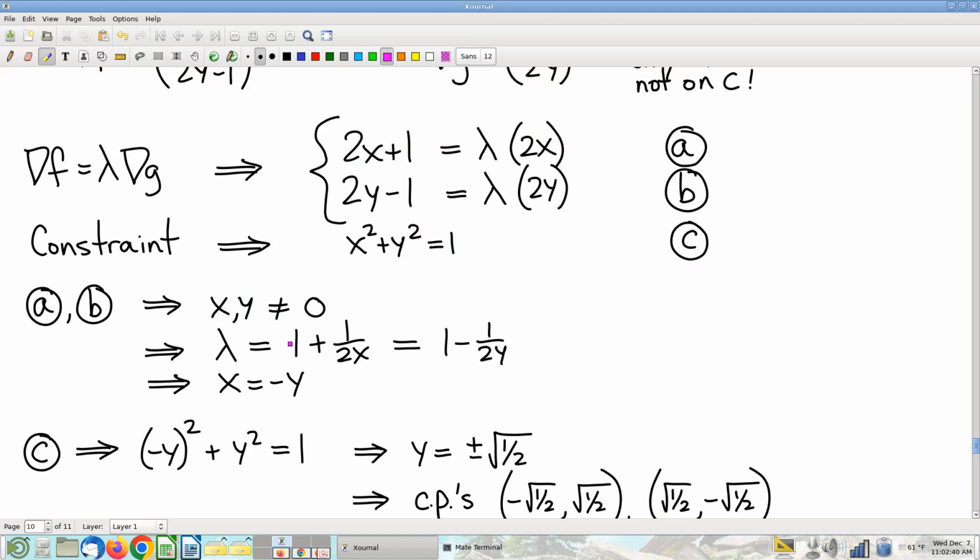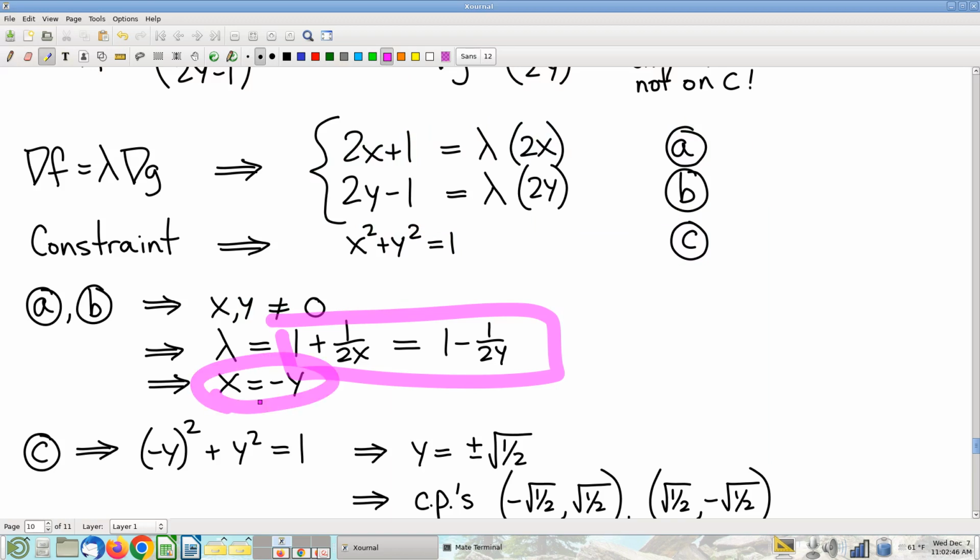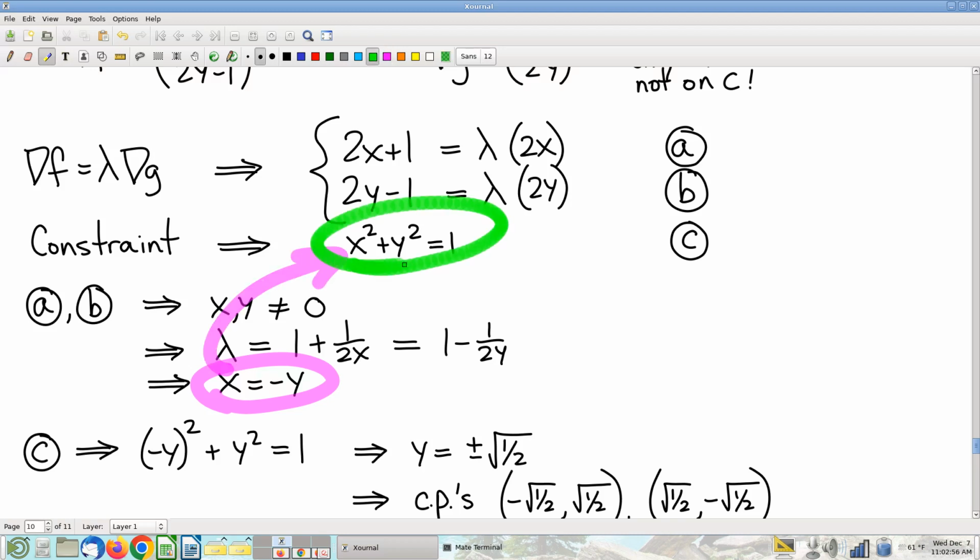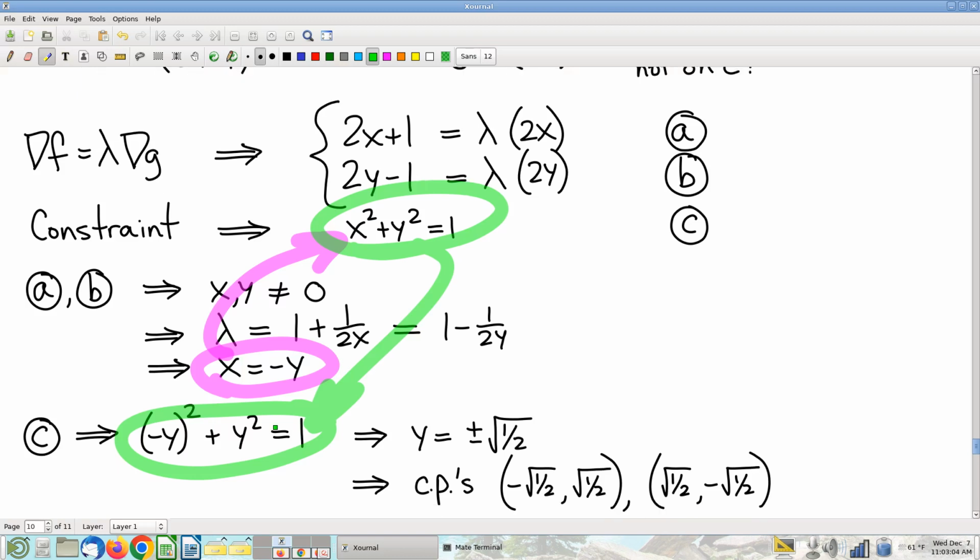Having done that, you get this equation, which is easy to manipulate, and you get that x is equal to negative y. Once you have one of the variables in terms of the others, you can plug in. This then becomes that, and then you can solve for y.